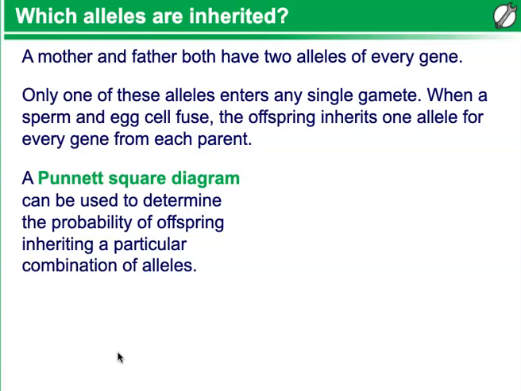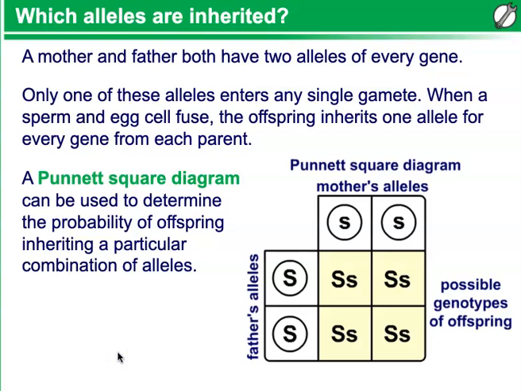A Punnett square diagram can be used to determine the probability of offspring inheriting a particular combination of alleles. In a Punnett square diagram, we put the mother's alleles across the top and the father's alleles across the side.